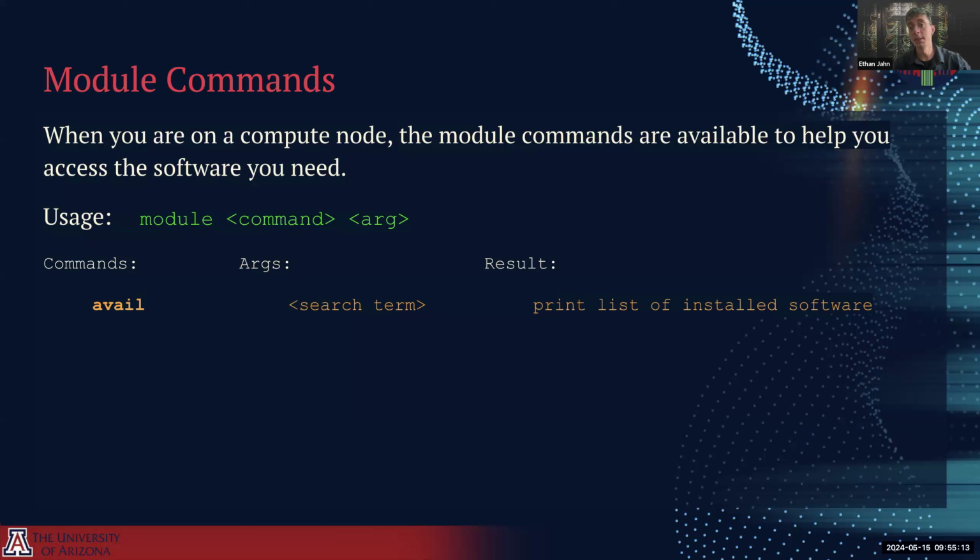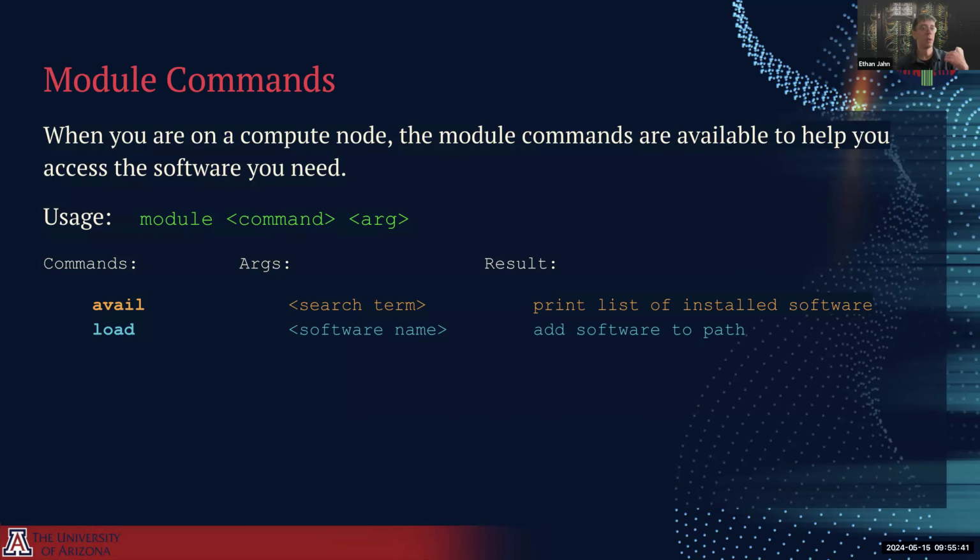So if I wanted to list all of the installed software on the entire HPC, I could just use module avail. But say, for example, I wanted to find out which versions of Python were installed. I could do module avail and then put a search term, python, in order to print all of the different versions of Python. So you can put search terms there and it will print a list of all of the installed software that matches that search term.